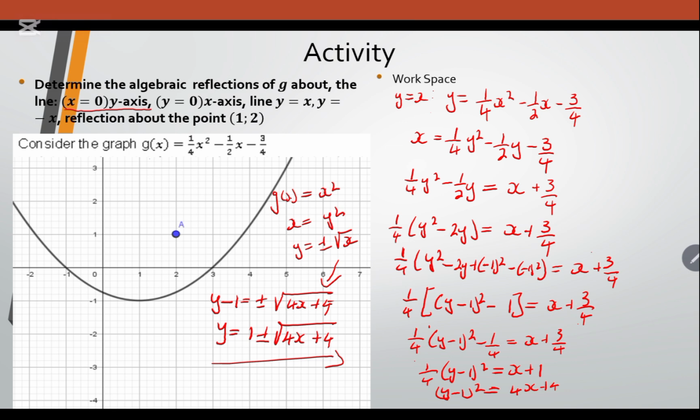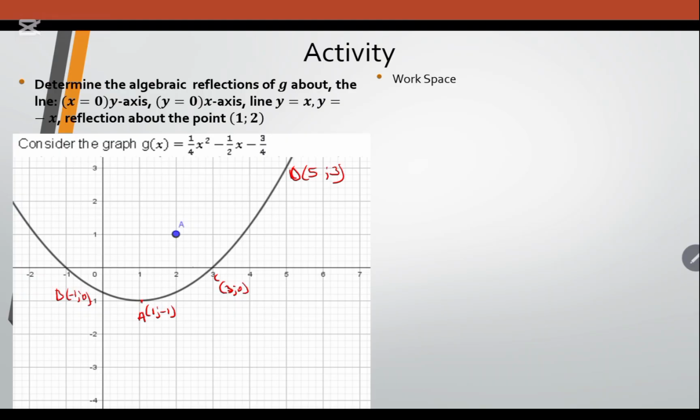Now let us look at the last one, which is a reflection about the point. So we've got the point A, which is 1 and 2. You will simply reflect all critical points that define the characteristics of this graph through that point.